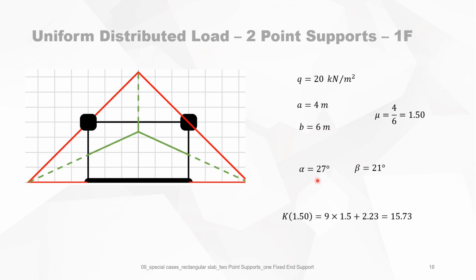And this is the alpha and the beta, or the x1 and the x2, with mu equal to 1.5. And the K value for 1.5 you can calculate now directly. It's 9 times mu plus 2.23, which is 15.7. So the maximum bending moment is Q A squared times mu divided by K, and it gives you 30.5 kilonewton meters per meter.